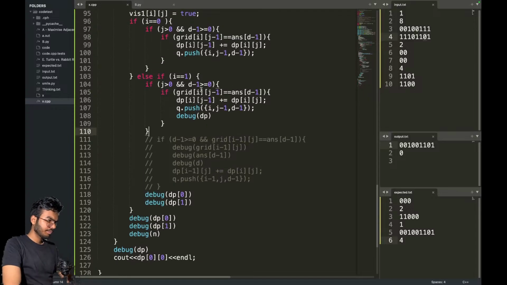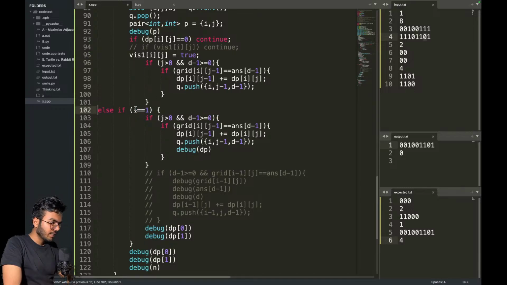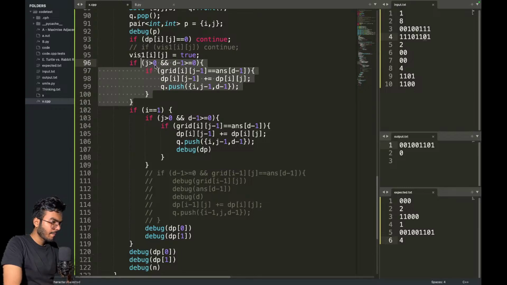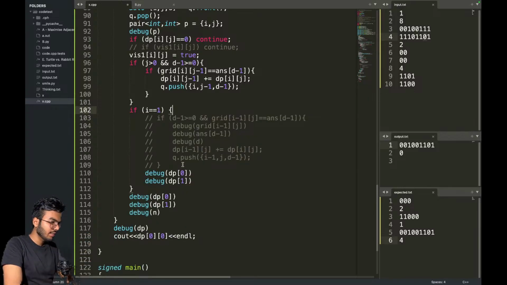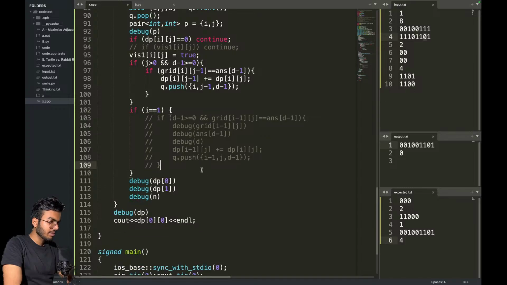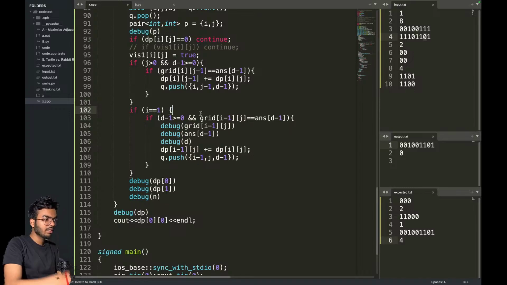Whether I am this or that, I should definitely do this step. Now if I is greater than or equal to 1, then I have to check if d minus 1 is greater than or equal to 0, and grid of I minus 1 j equals answer of d minus 1.